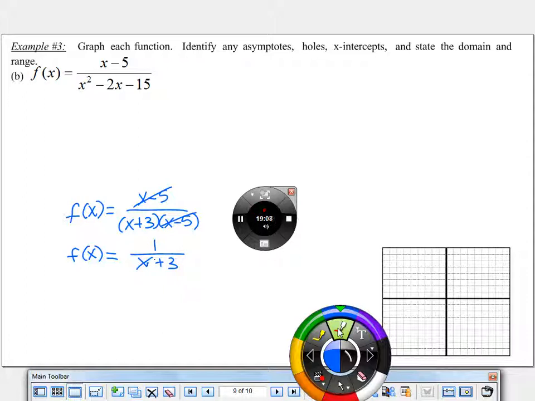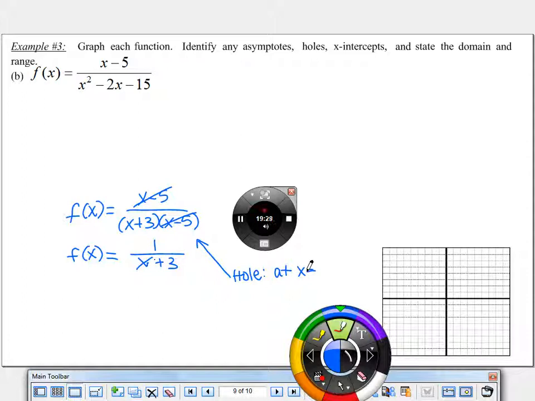Okay? The only thing that this tells me is that since a factor canceled out in the denominator, I have a hole. Where is my hole going to be? At what x value? Okay, good. So I hear votes for -3 and for 5.